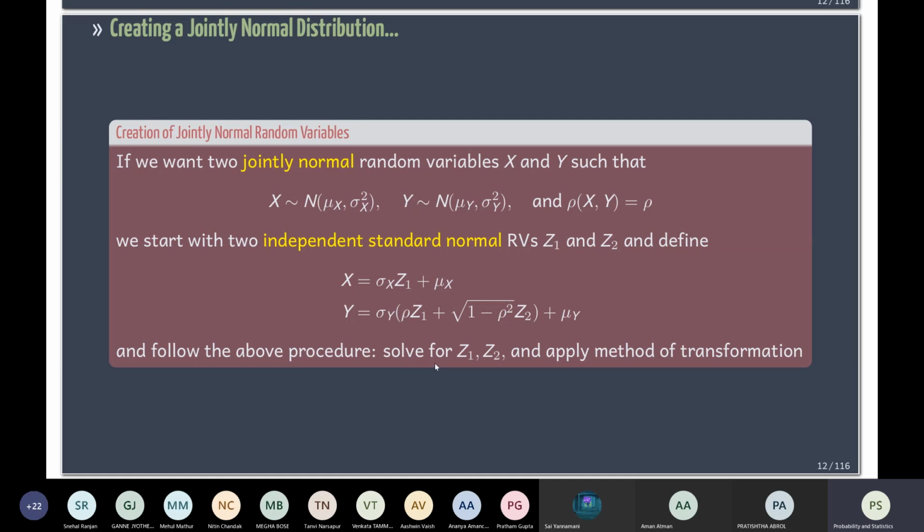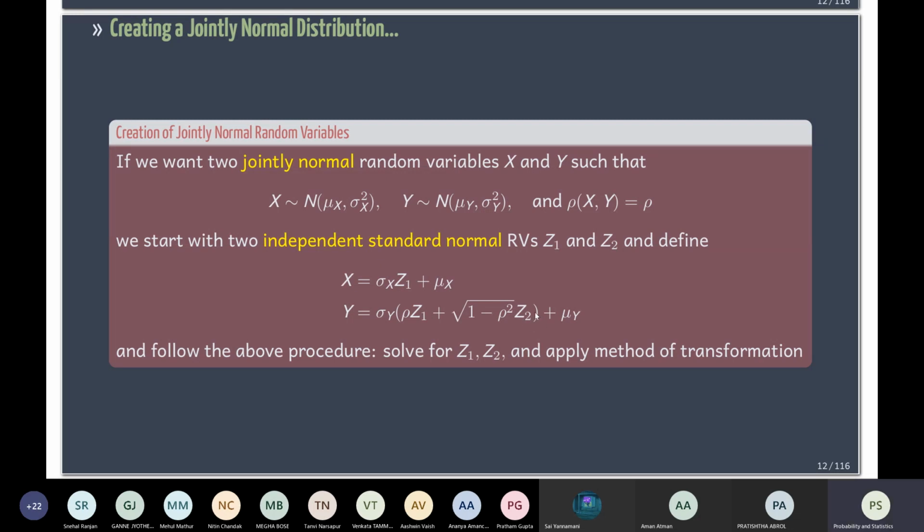Then follow the above procedure, solve for Z1 and Z2, apply the method of transformation and so on. So this is one way where I can do this kind of scaling.